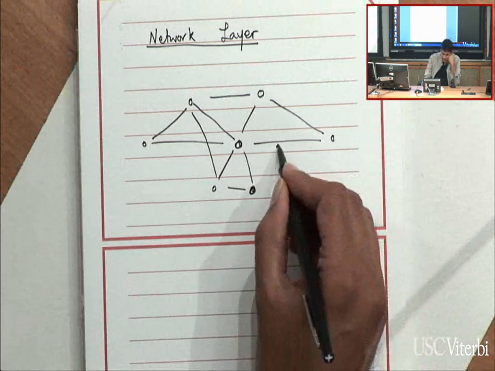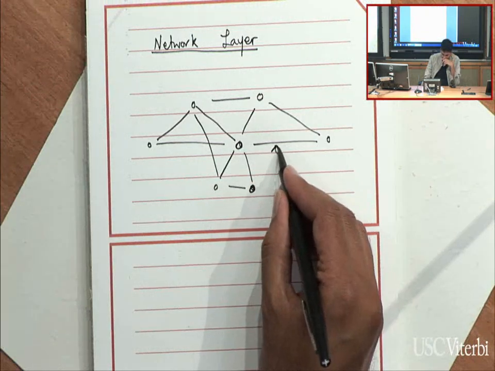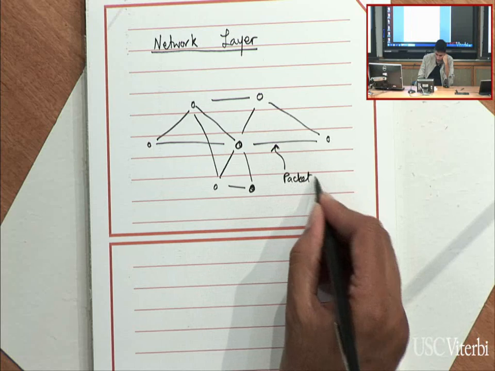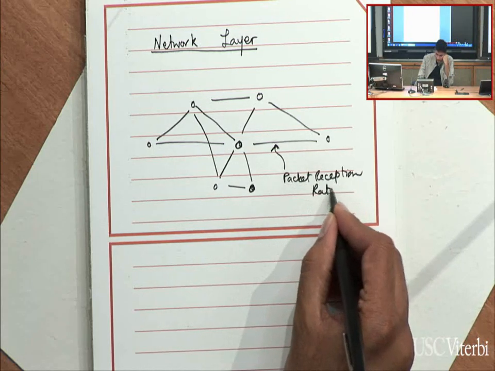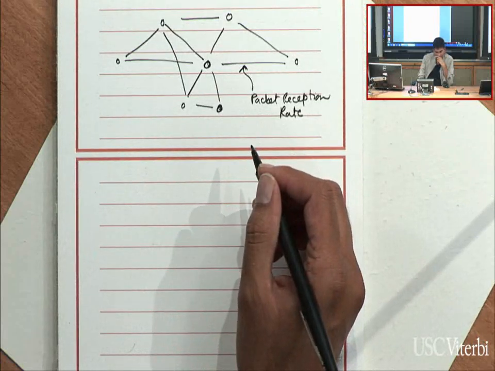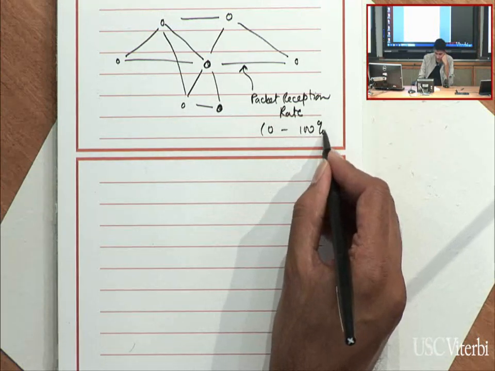And we said that one way to characterize the quality of each link at the link layer is called the packet reception rate, that we typically look at as just going from 0 to 100%.